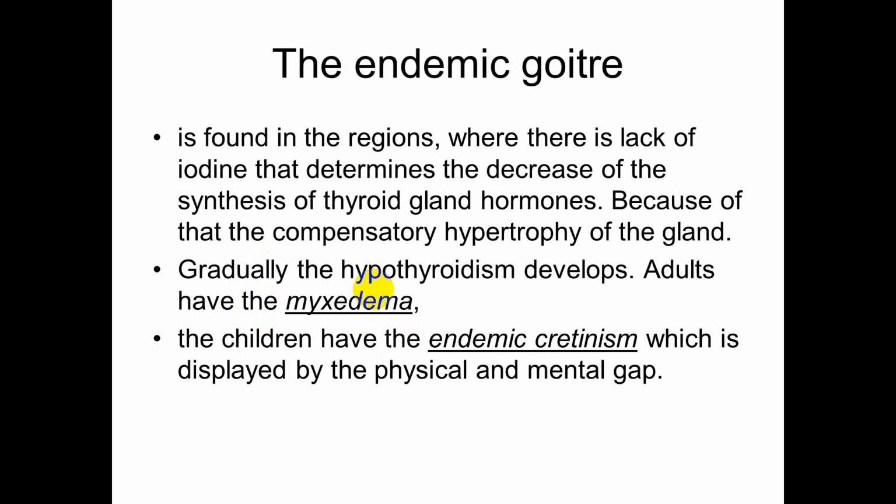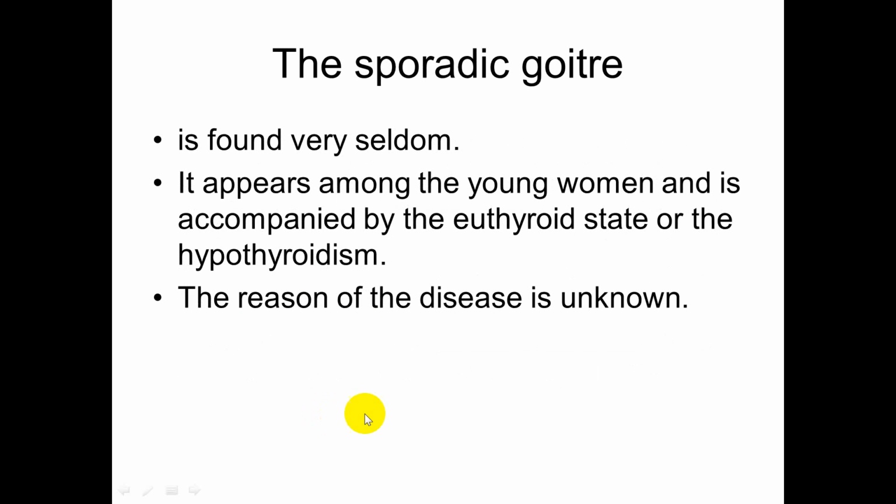The children have endemic cretinism, which is displayed by physical and mental retardation. The sporadic goiter is found very seldom. It appears among young women and is accompanied by the euthyroid state or hypothyroidism. The reason for the disease is unknown.